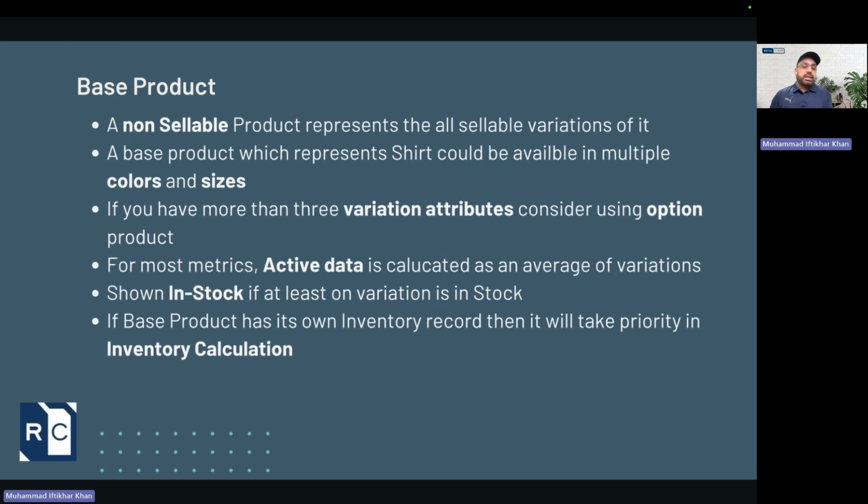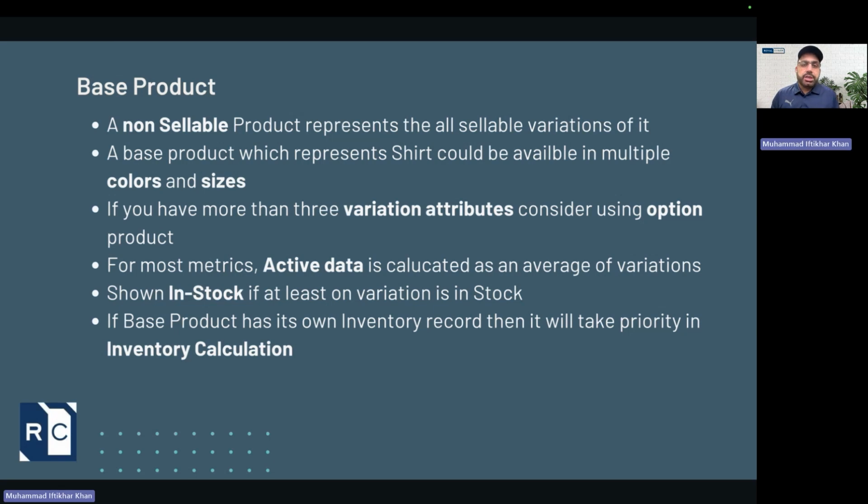So we can say that the base product holds all the common attributes of the variants, and the variant itself is defined based on the attributes which are variations, like color and size. If you have more than 3 variation attributes, consider using option products. The point number 3 in this slide. This is very important.